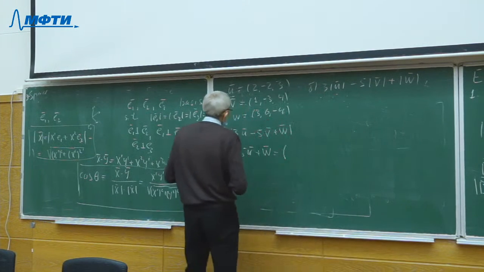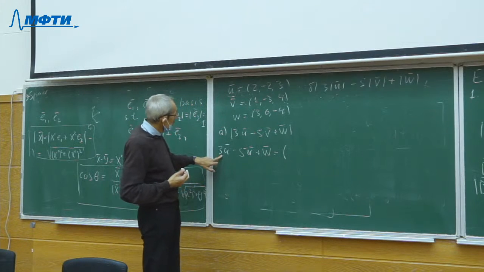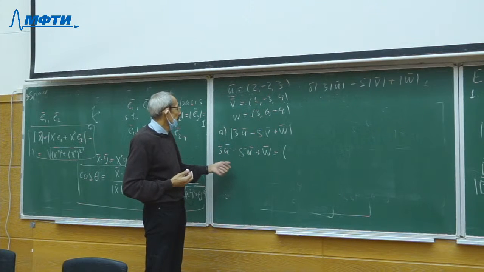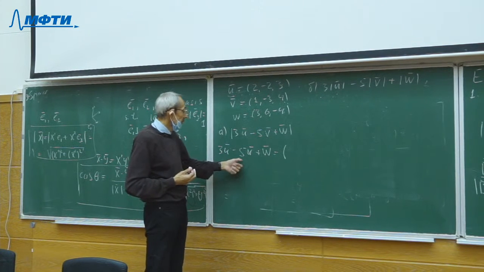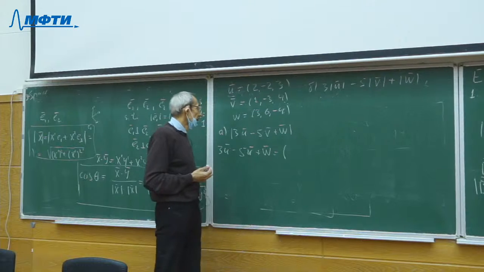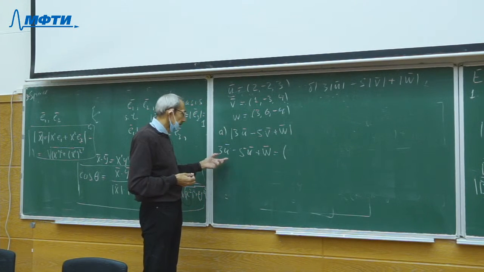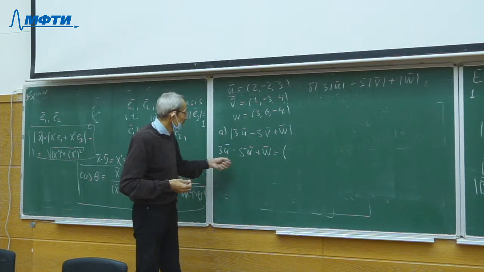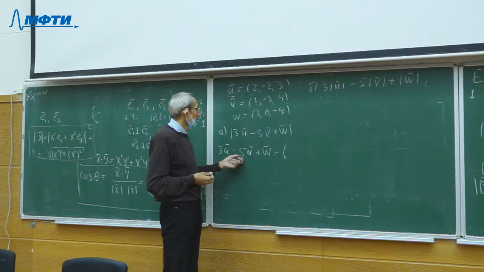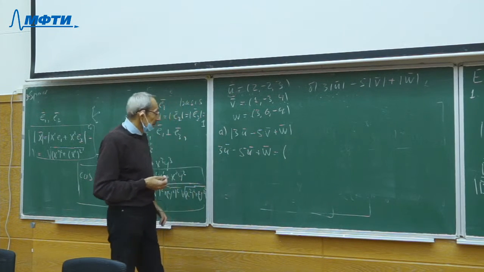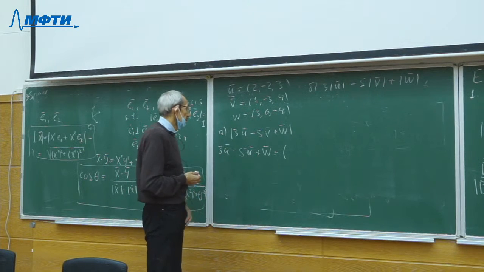We multiply the coordinates of vector u by 3, the coordinates of vector v by 5, and after that we subtract the second from the first, and add the coordinates of vector w.